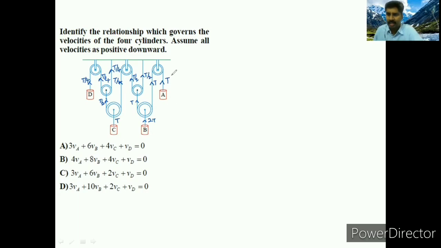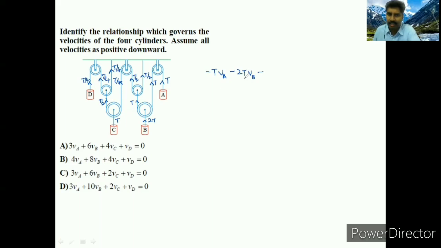Now the constraint of the string we can write. Minus, first the A case. Its tension is T, its velocity vA. Minus, in this case 2T vB.